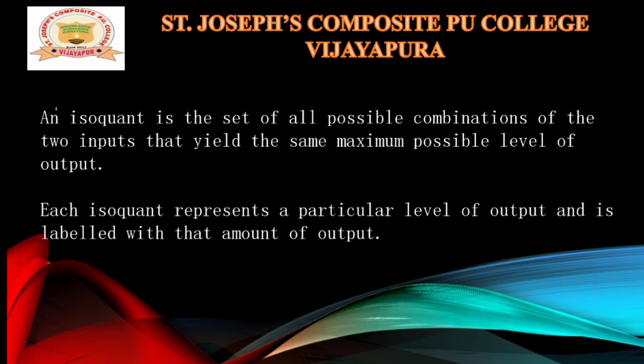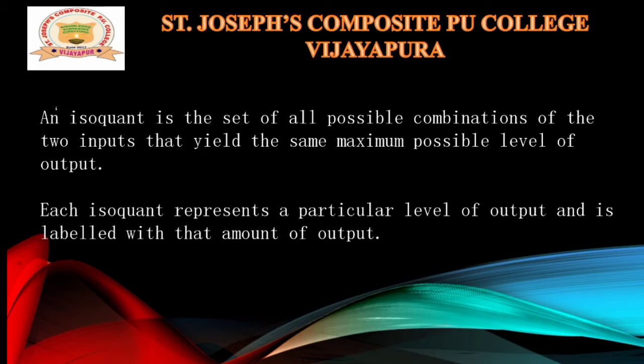It is the group of all the possible combinations of two inputs. Here we mention there are only two inputs, and they yield the same maximum possible level of output. That is called an isoquant.